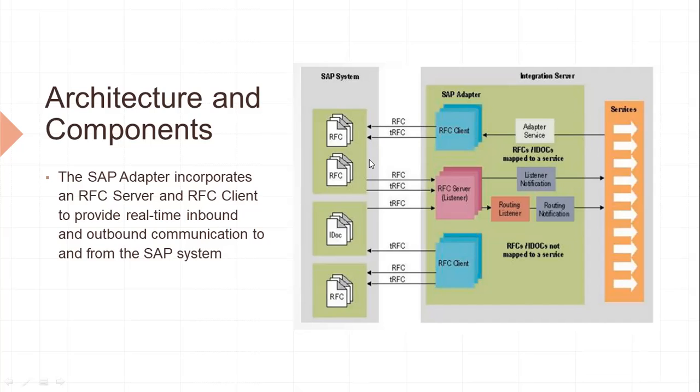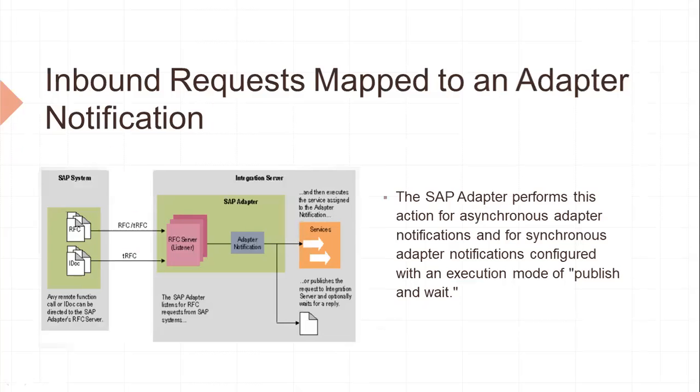In turn, if SAP wants to send some data to the target system, there will be listeners on those RFCs. Once the remote function call is done, the listener invokes a listener notification, which will invoke the service configured inside the listener notification, and they send the data.